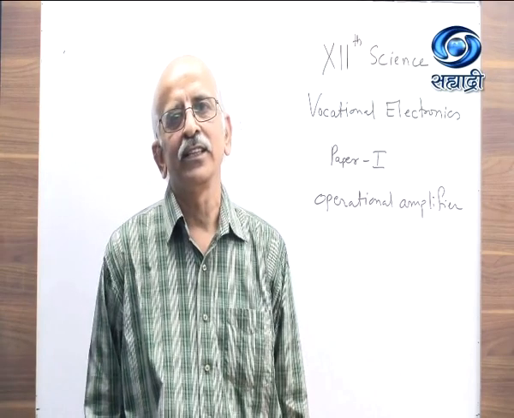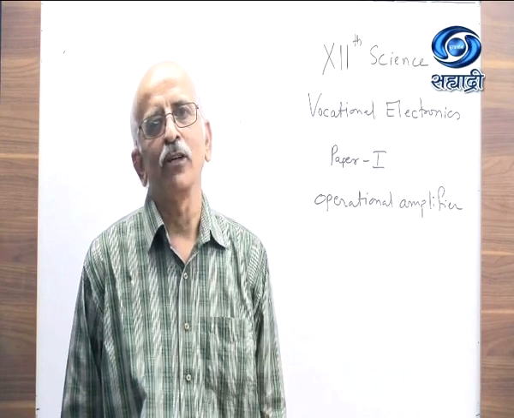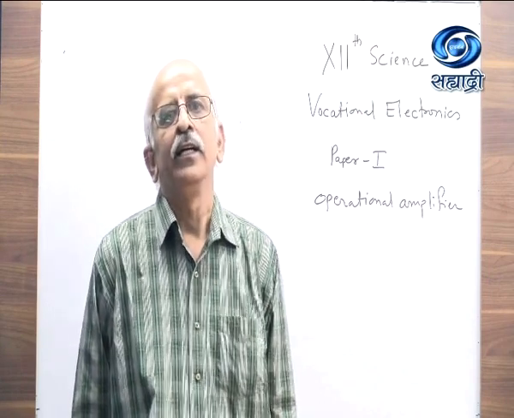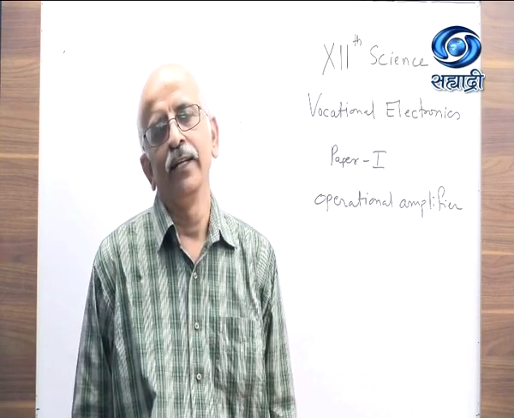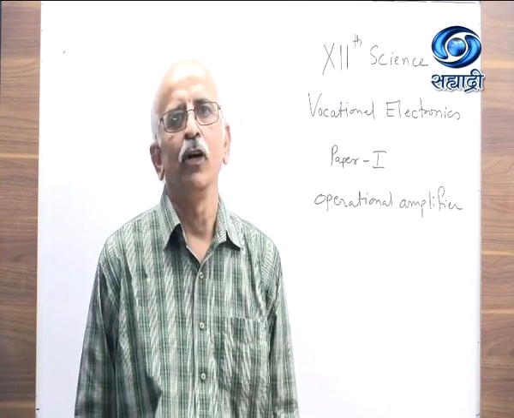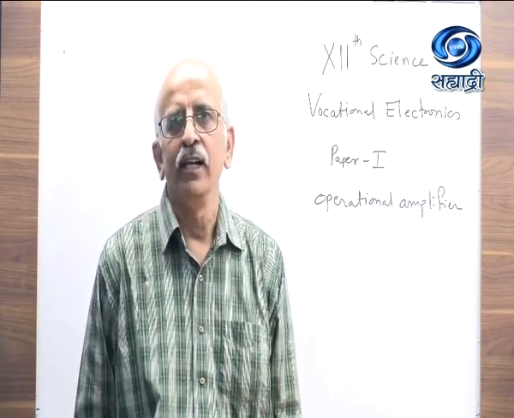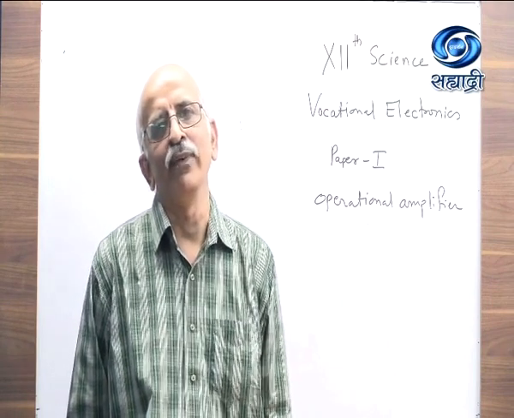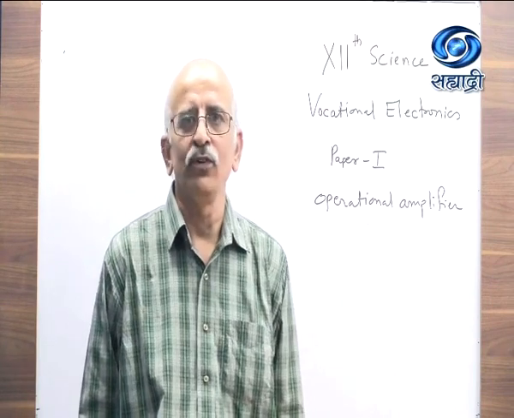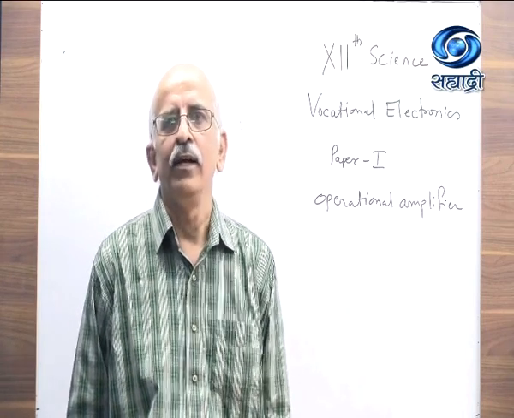virtual ground. So friends, in today's lecture, we have seen drawbacks of RC coupled amplifier and direct coupled amplifier. Due to these drawbacks, these amplifiers are not used in operational amplifier, and so differential amplifier is considered. We have seen differential amplifier which uses two transistors and dual power supply is connected to it.